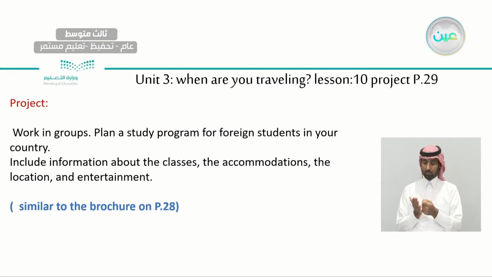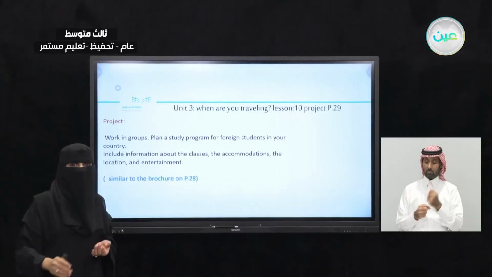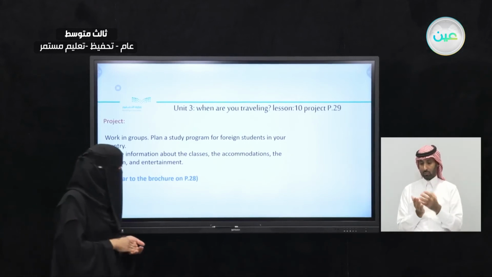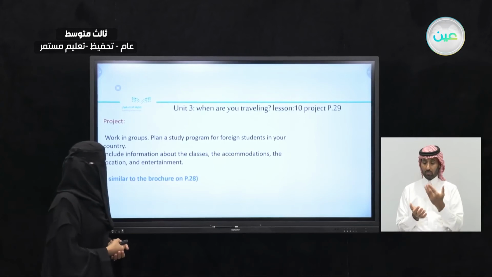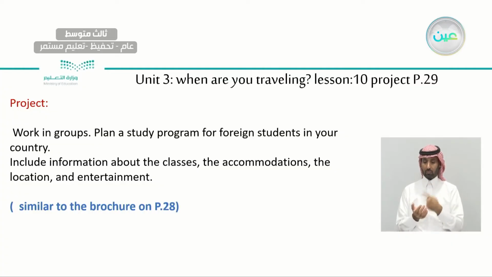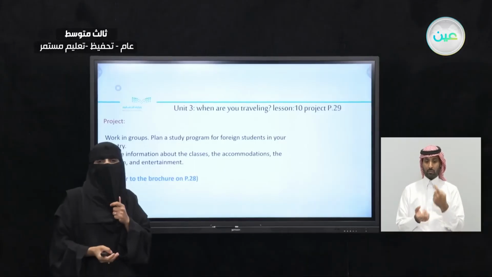Yes, you have to include information about the classes. Do you remember when in the reading they mentioned what they are going to do during the classes? So you have to mention that. You have to talk about accommodation, the place they will stay in, and also the location of the city, and entertainment. What do they mean?